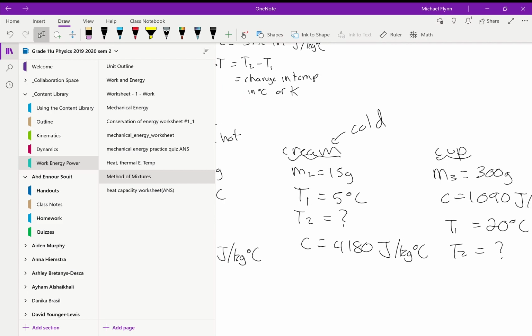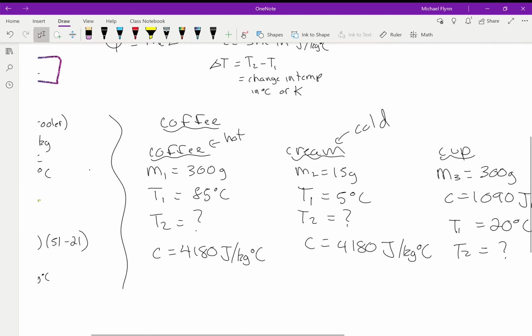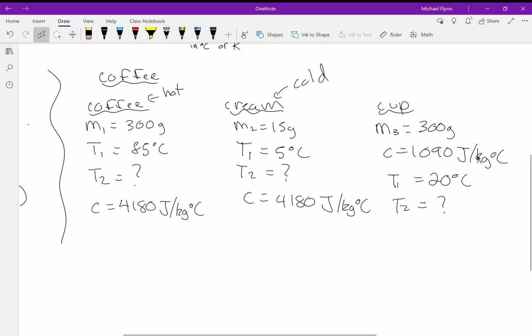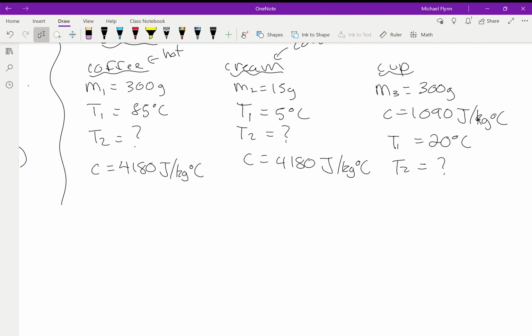Yeah, there you go. That's everything. So here, what you're doing is you've got hot coffee at 85 degrees Celsius. You're going to pour it into a cup, and you're also going to add some cream. And that will obviously cool off the coffee, but how much will it cool it off? That is the question. So here we have all the relevant data that we need.